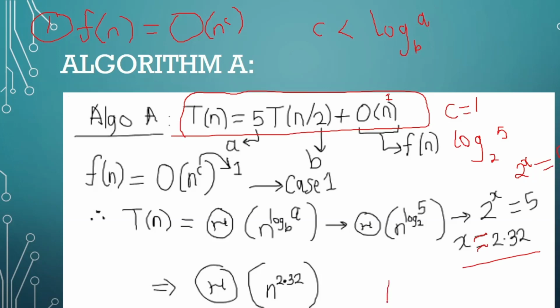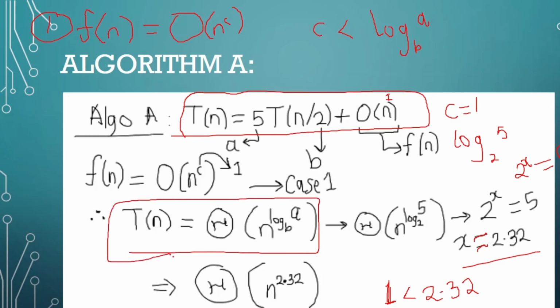So is 1 less than 2.32? Yes, 1 is less than 2.32. Therefore this suits case 1 of the master theorem, and we are going to be using this time complexity of case 1 of the master theorem.